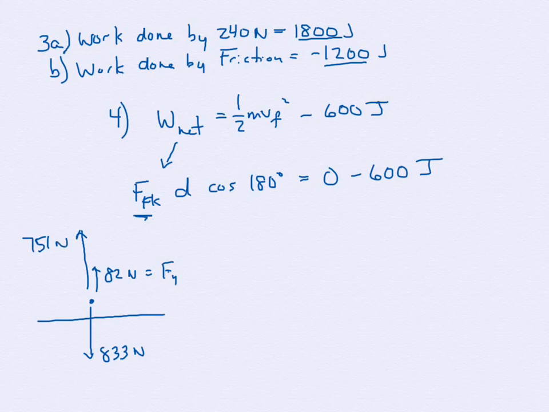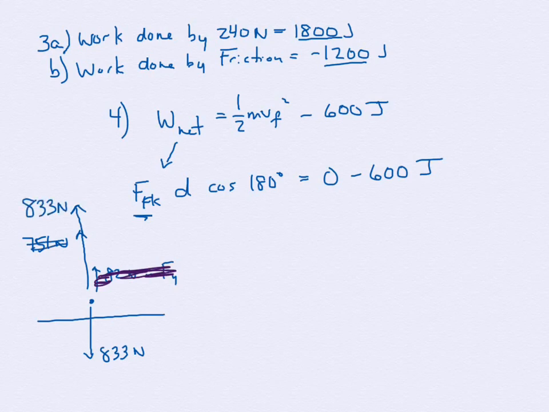But once we let go of the rope and let the refrigerator slide, the Y component will be gone, and that means our normal force is going to go back to equaling the weight of the refrigerator, which is 833 newtons.